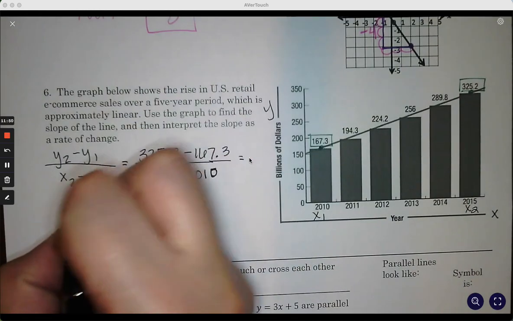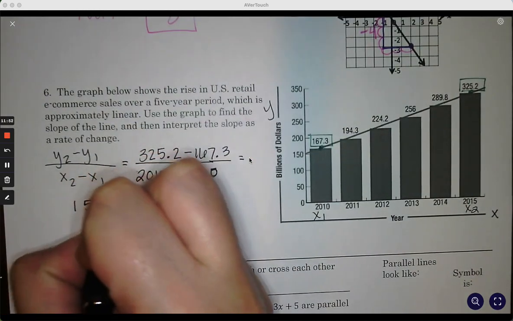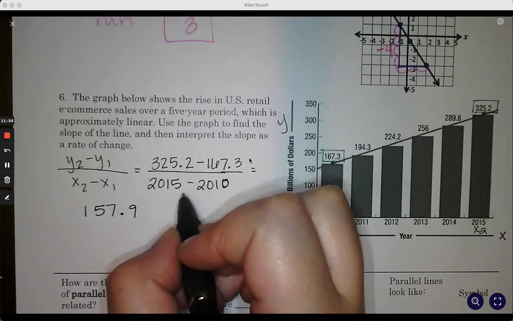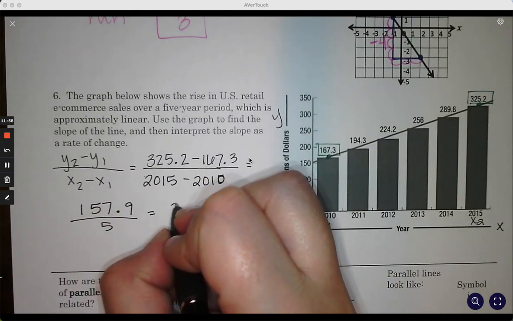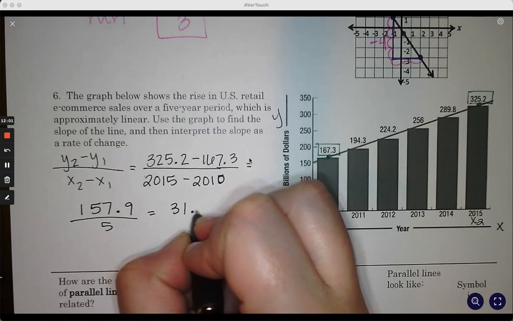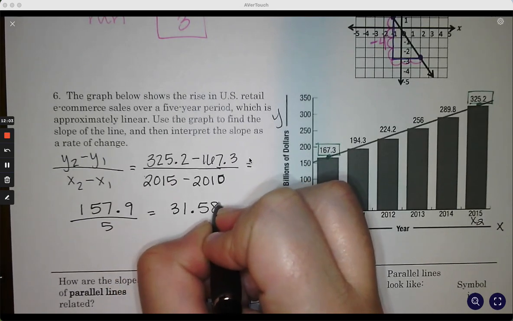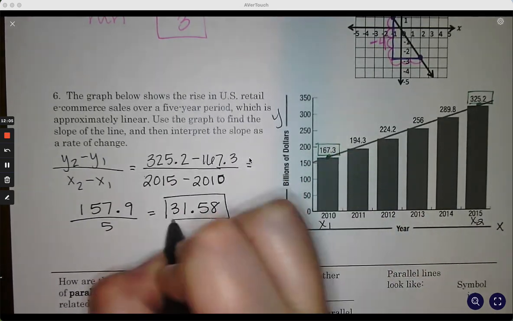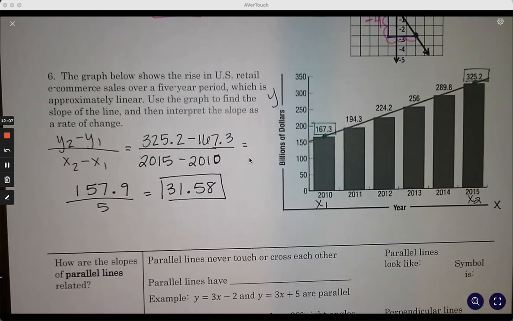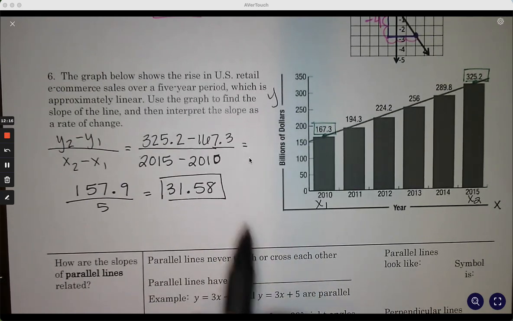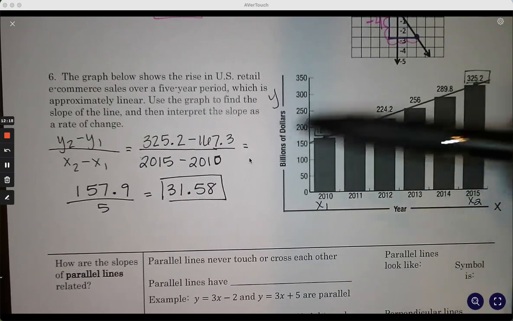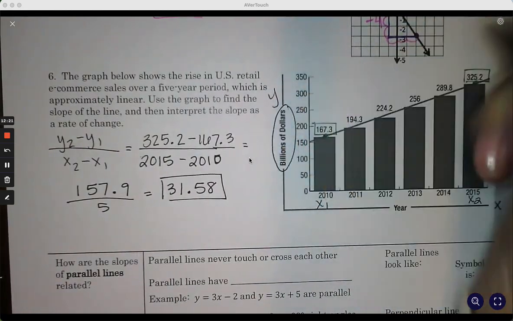If we simplify that, it's 157.9 over 5, and there's our slope. So what that means is, because I divided it by 5, sales are increasing by, hold on, billions.